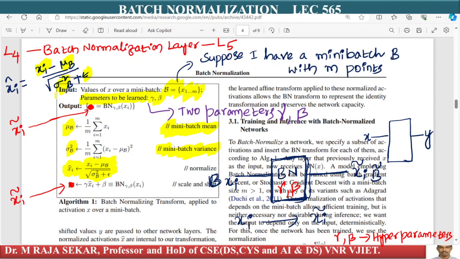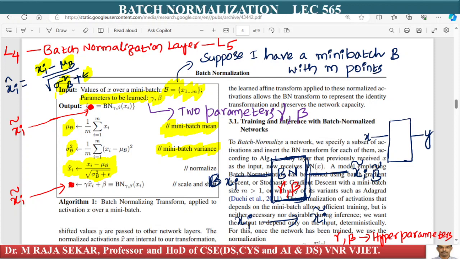Your xi cap is equal to xi minus mu b by under root of sigma b square plus epsilon. What are these three simple steps? Calculating the mini batch mean mu b, the mini batch variance sigma square b, and xi cap. These three steps are simple data normalization steps.